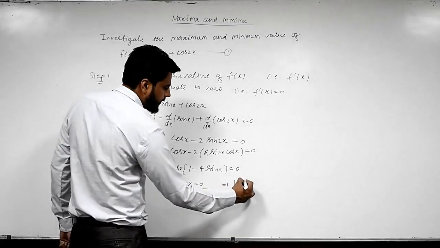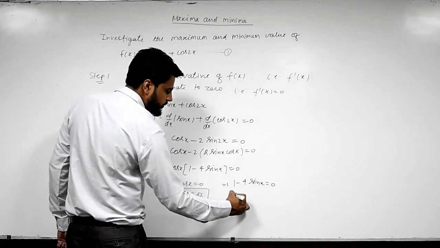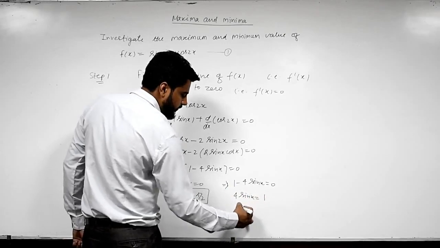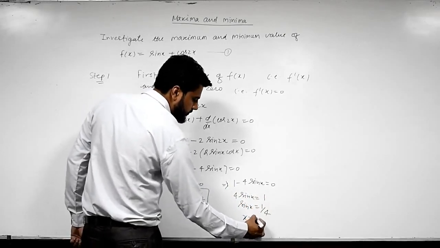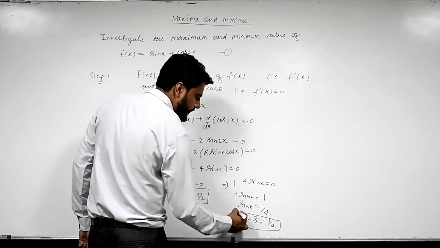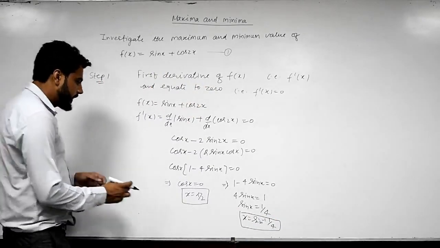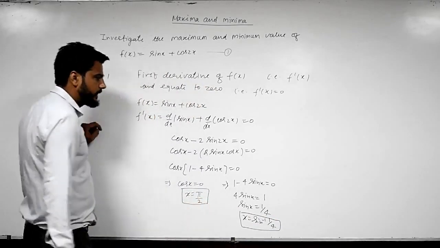Or 1 minus 4 sin x = 0, that means 4 sin x = 1, sin x = 1 by 4, then x = sin inverse 1 by 4. We have two values. One value is x = pi by 2 and the other value is x = sin inverse 1 by 4.